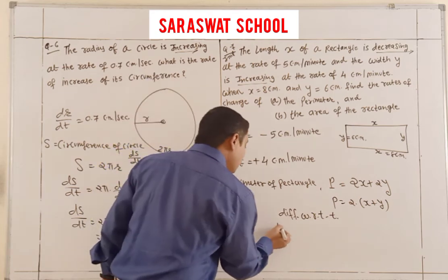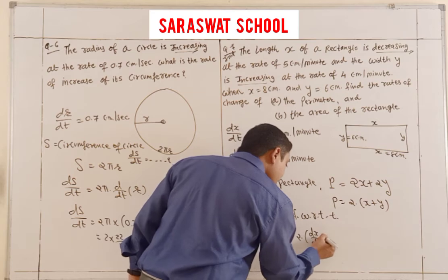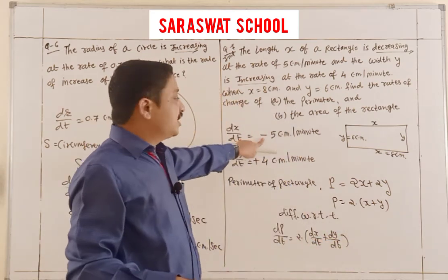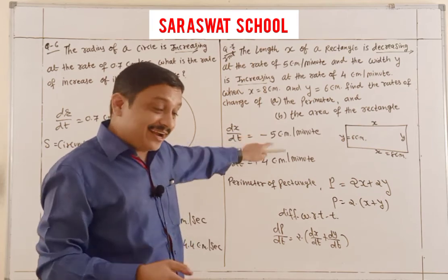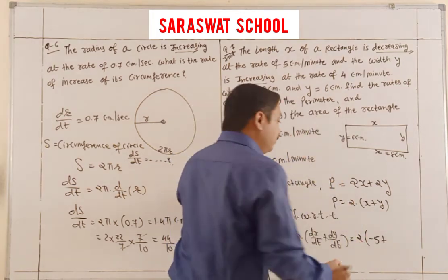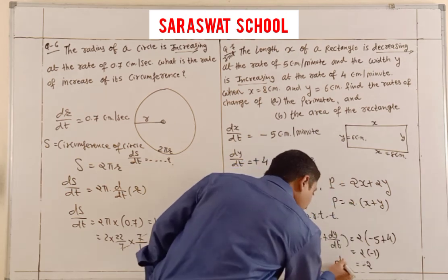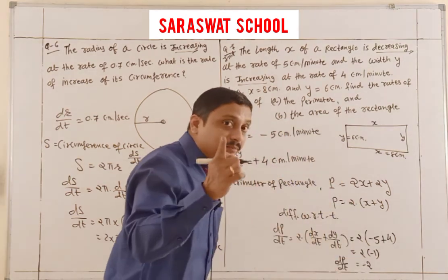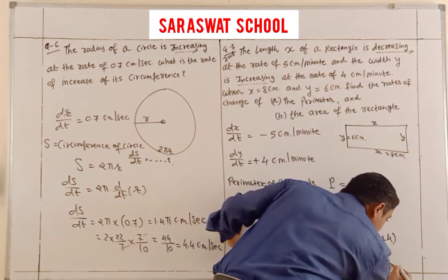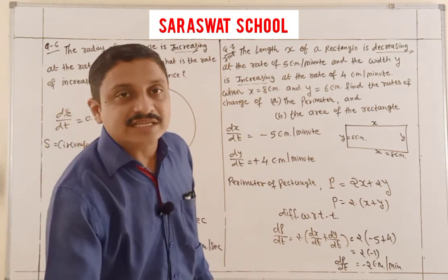So dP versus dt. Here dx by dt, dy by dt. Just put down, decreasing, so minus. Again repeat. So here 2, here minus 5, and here plus 4. The value is minus 2. dP versus dt, the perimeter is decreasing. Every minute the perimeter is decreasing 2 centimeter per minute.